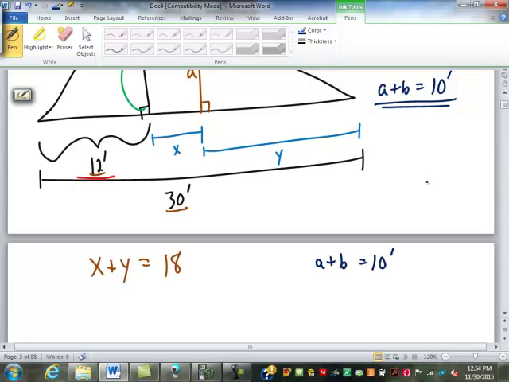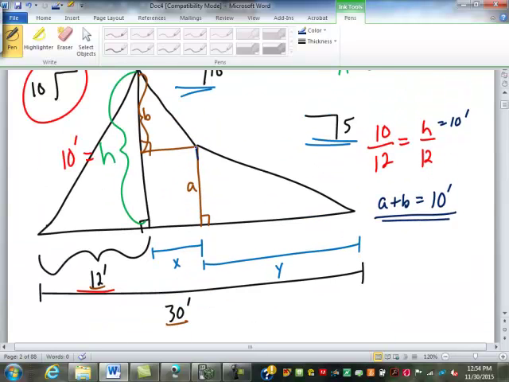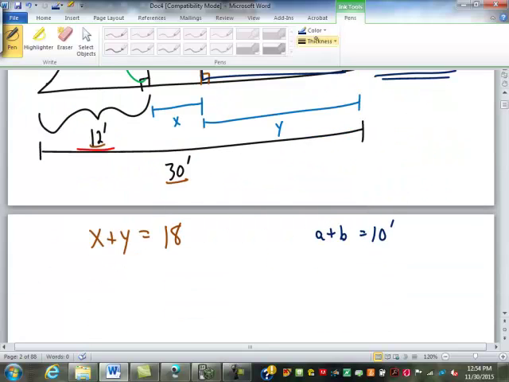But a plus b are different variables than x and y, aren't they? I need those to be in terms of x and y. So let's look at a up here. That triangle is a and y, and what slope is it? 5-12.